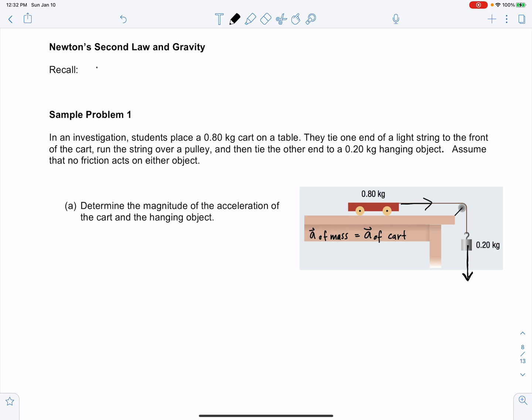And the force of gravity is equal to mg, where g is the acceleration due to gravity, which we studied back in Unit 1, and we said it's 9.8 meters per second squared, or newtons per kilogram, in the downward direction. As I mentioned, sample problem 1 is frictionless. We will do examples with friction.